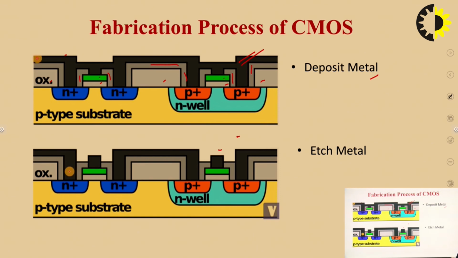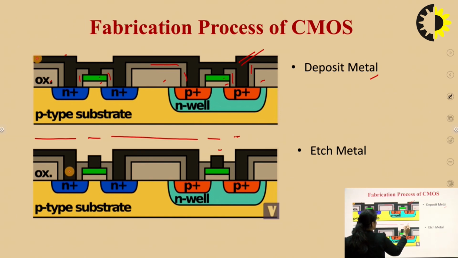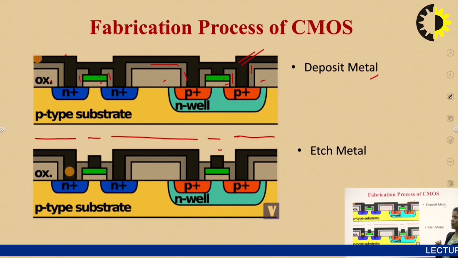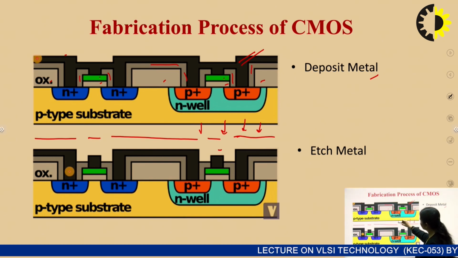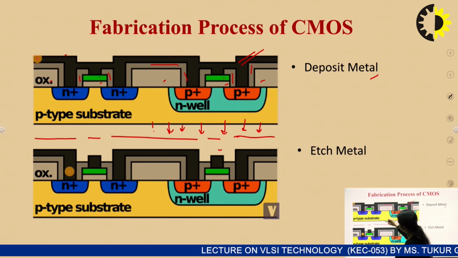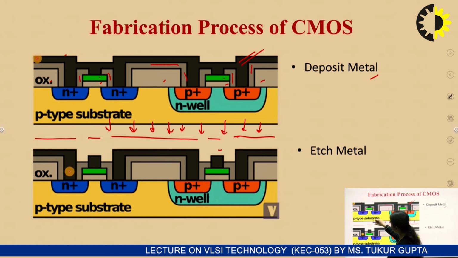Now in the next step, the metal is etched. Again, for etching the metal, we have to use the mask and the patterning. So how will this pattern work? This will be the look of our mask, and again from above there will be the application of UV rays.